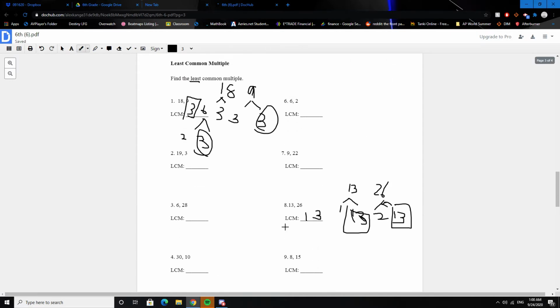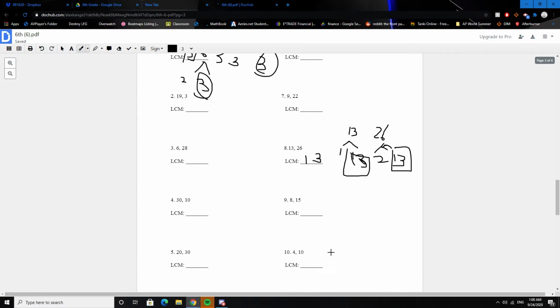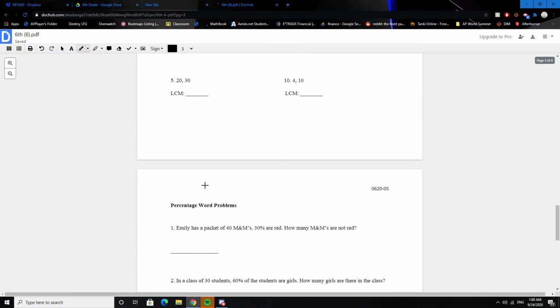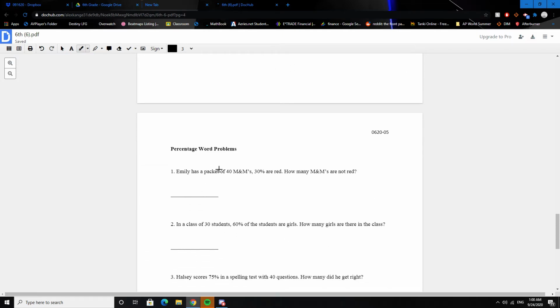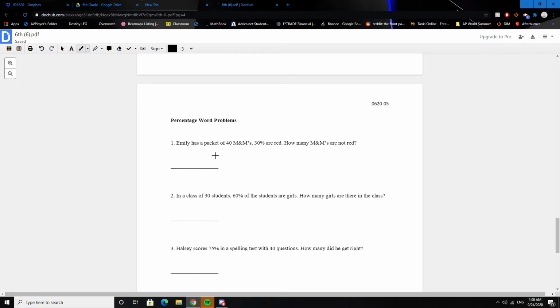It's not that difficult. Percentage word problem, moving on here. We'll do a couple of these. Emily has a packet of 40 M&Ms. 30% are red. How many M&Ms are not red? In this problem, they give you the total number of M&Ms, which is 40, and a percentage of a specific color.